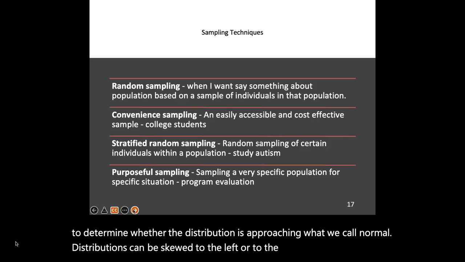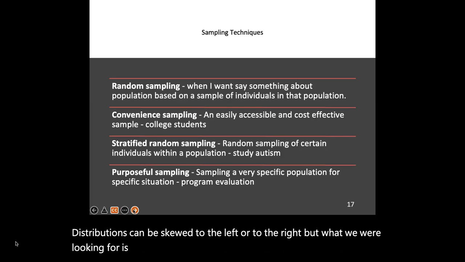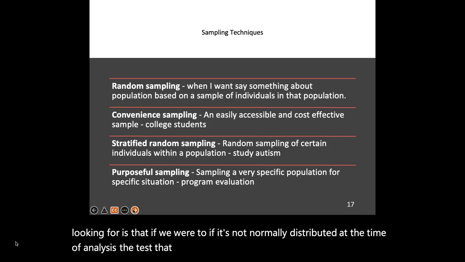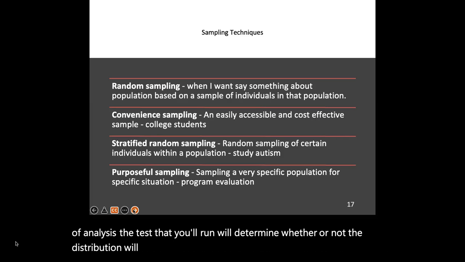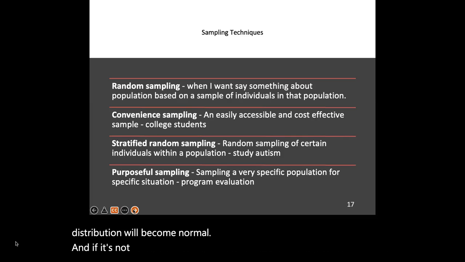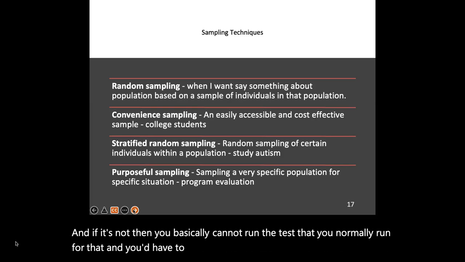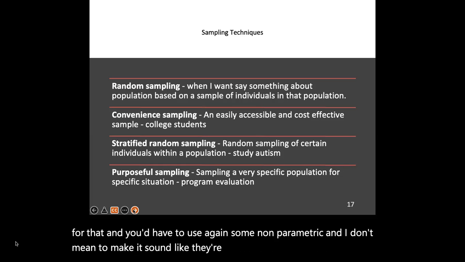But what we were looking for is that if it's not normally distributed at the time of analysis, the test that you'll run will determine whether or not the distribution will become normal. And if it's not, then you basically cannot run the test that you normally run for that, and you'd have to use, again, some non-parametrics. I don't mean to make it sound like they're not important, but they're just not as robust as the parametric method.